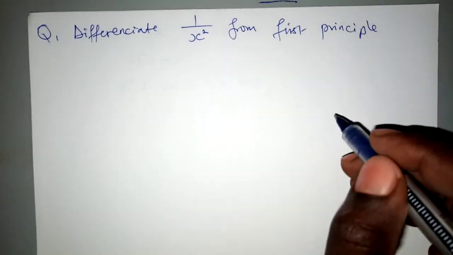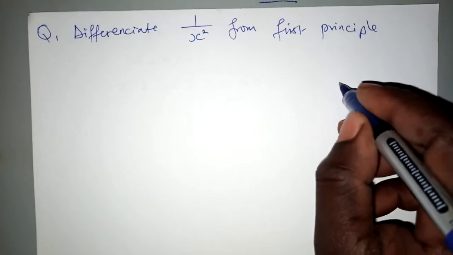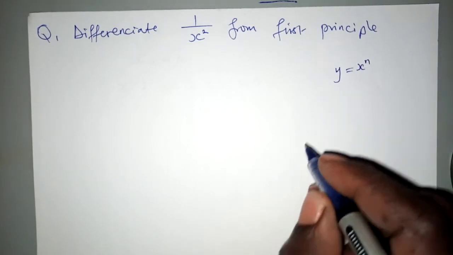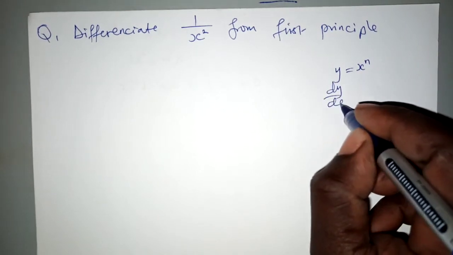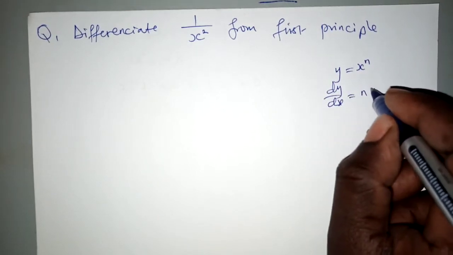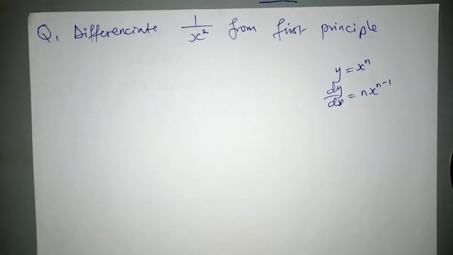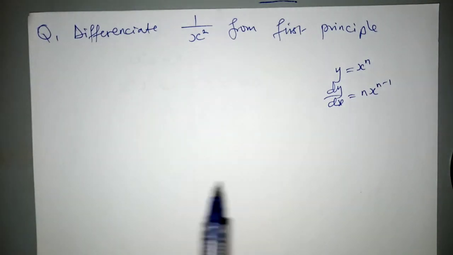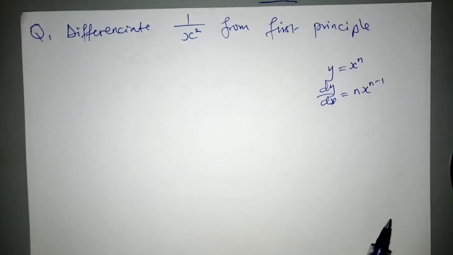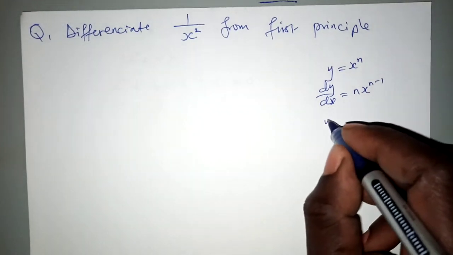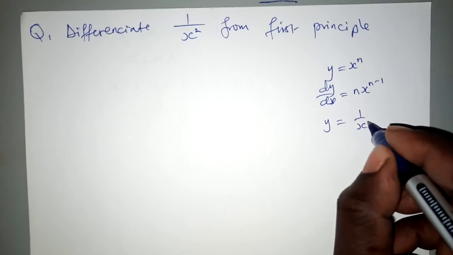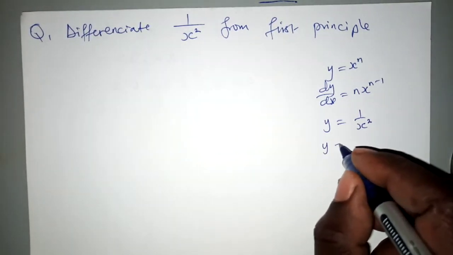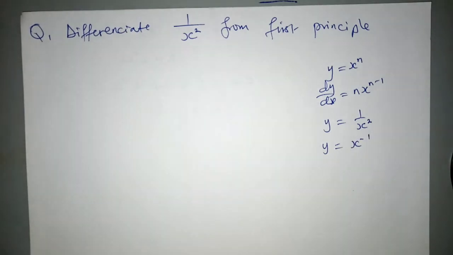So, the general formula for differentiation says, if you have y is equal to x to the power of n, differentiation of y with respect to x is equal to n x to the power of n minus 1. So if you want to differentiate this function using the general formula, we have 1 all over x square. This x square in the denominator is the same thing as x to the power of minus 2.